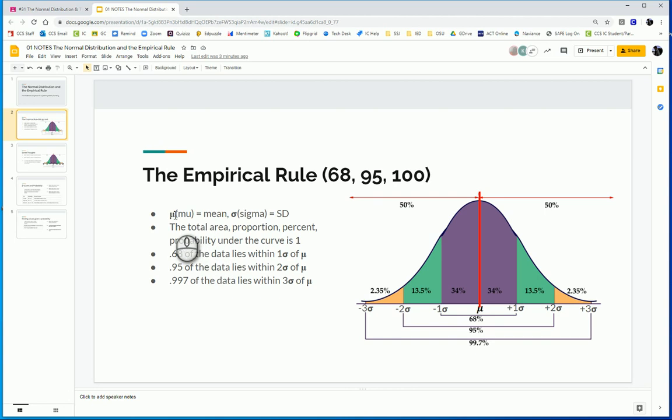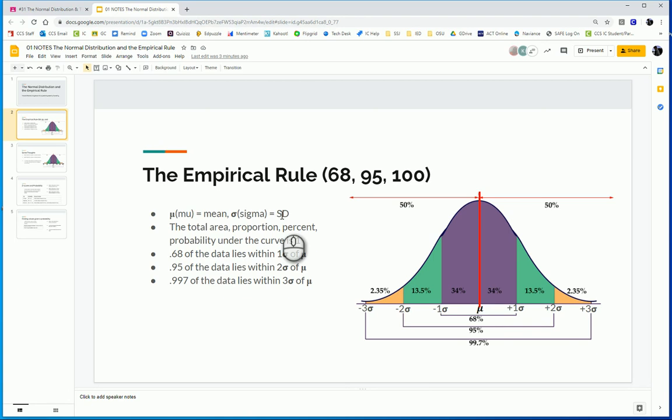So a couple things about this. When you see this little U-looking thing, this is the Greek letter mu, and it signifies the mean. And this little O with a hat on it, this is the Greek letter sigma, and it means the standard deviation.